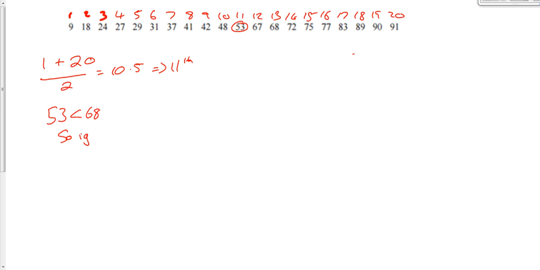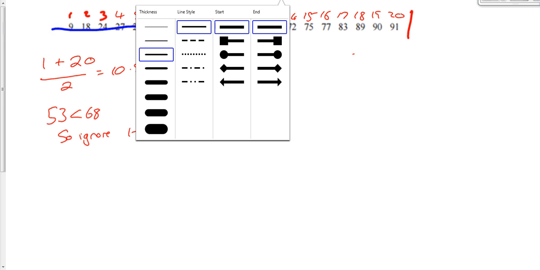So ignore 1 to 11. And it's important that we say which ones we ignore. So let's get rid of those ones there. So we're now left with 12 through to 20.